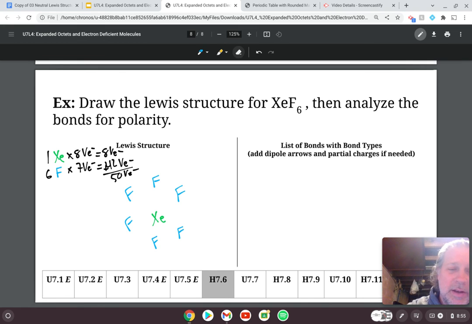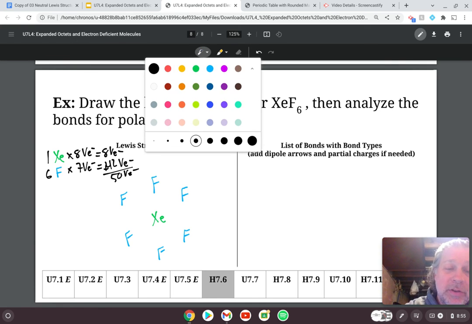Well, that is not nice. I don't like the way that looks. I'm going to try to spread them out a little bit more. So here we go. 1, 2, 3, 4. That's better. 5, 6. And I'm going to draw a single bond for every single one of them.